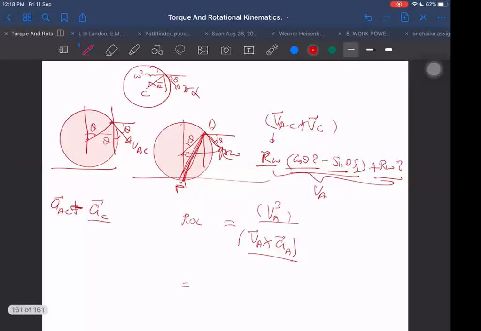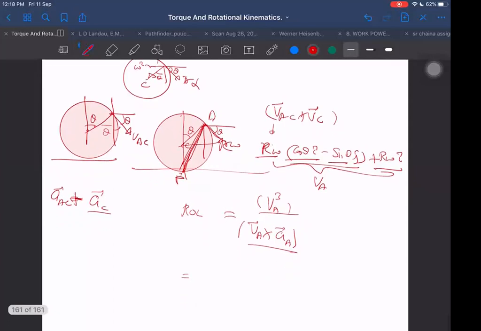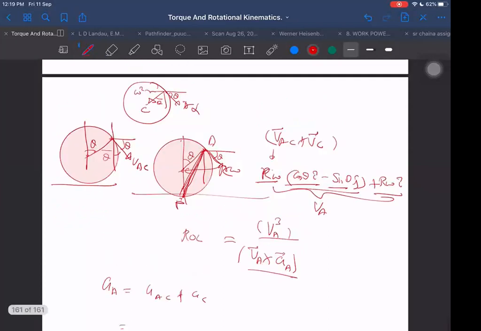So where I was telling, how to calculate acceleration of point A. Last time I did it, but at that time I did not take alpha into account. So if you want, you can do this also. AAC plus AC. This is the diagram for AAC calculation.